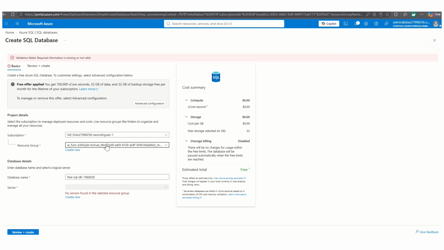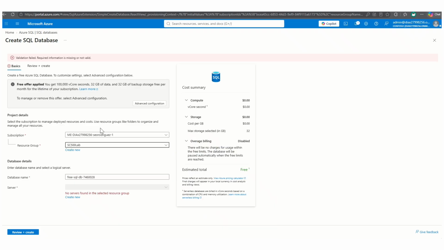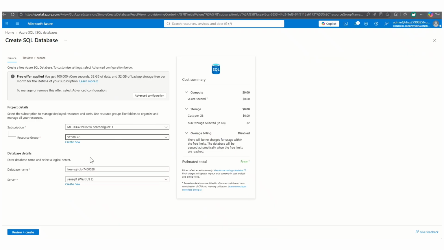You would choose your subscription and resource group to create this, and the database name, the SQL name, etc. So that's what you would do there, and then you would create it. There's not much over here to do.